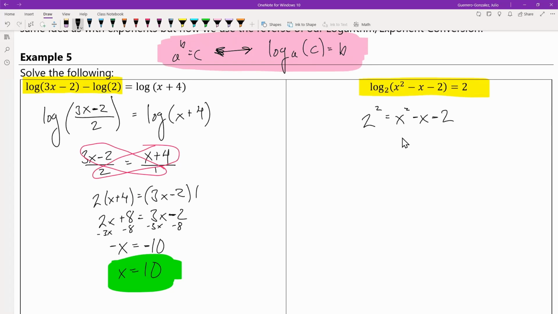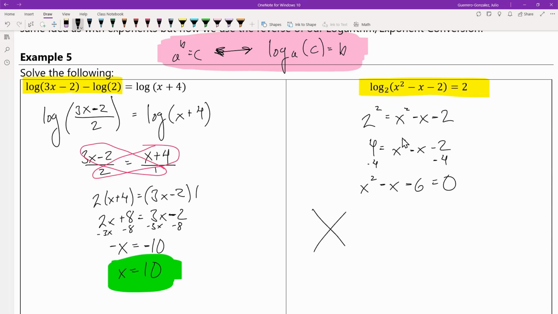So I grabbed my logarithmic version and turned it into the equivalent exponential version. Now it's to the races. So 2 squared is 4, x squared minus x minus 2, minus 4, minus 4. I get this: x squared minus x minus 6 is equal to 0.